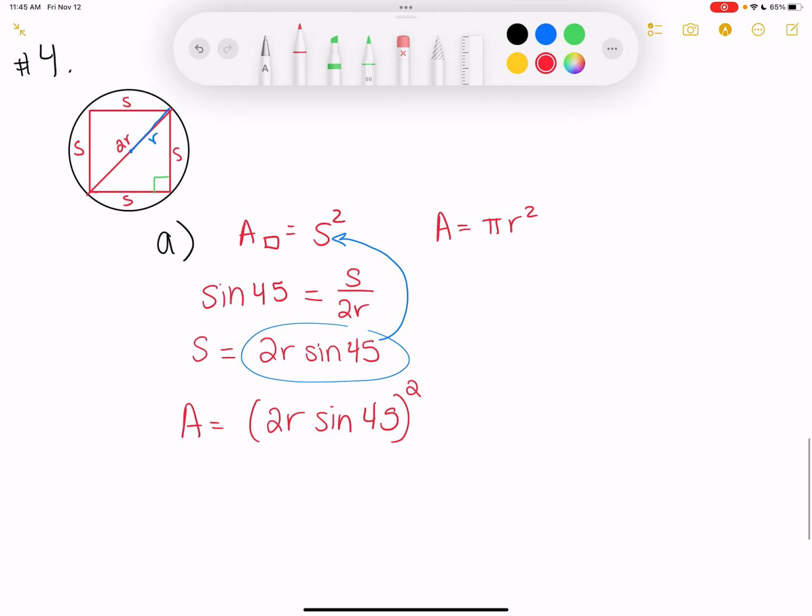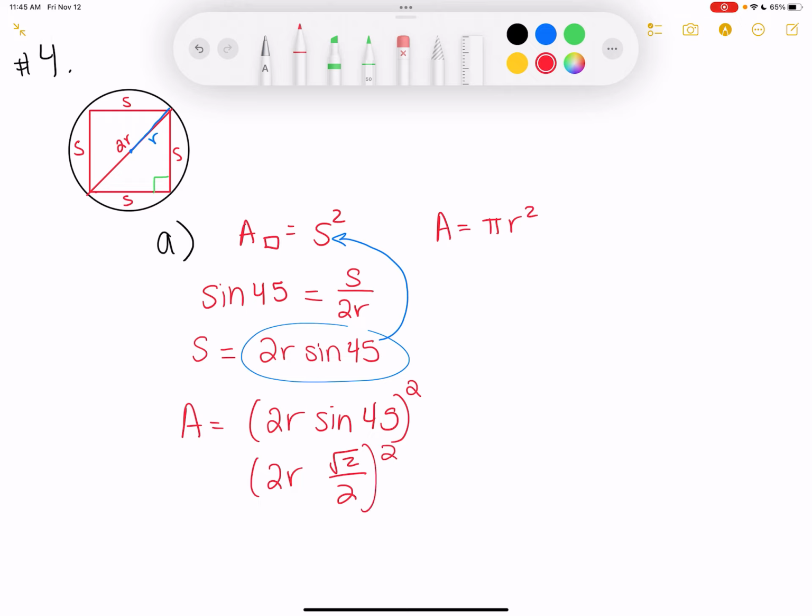So the sine of 45 is what? Square root of 2 divided by 2. Yep, square root of 2 over 2. So I can rewrite this as 2r root 2 over 2, and then I'm squaring the whole thing.